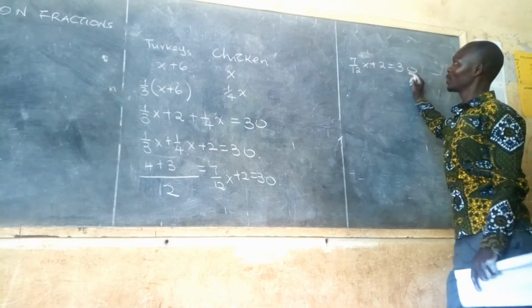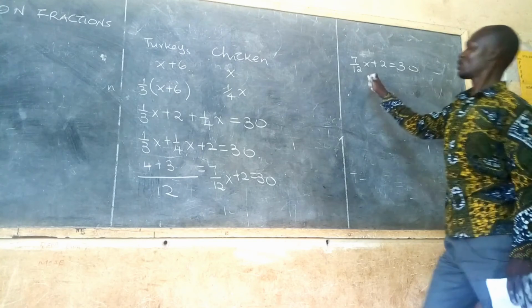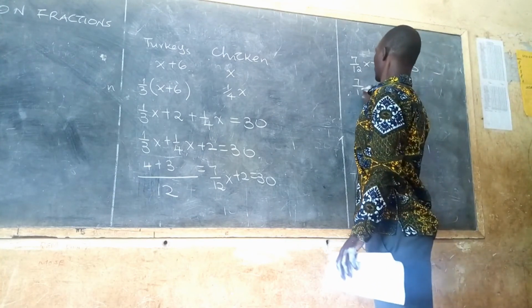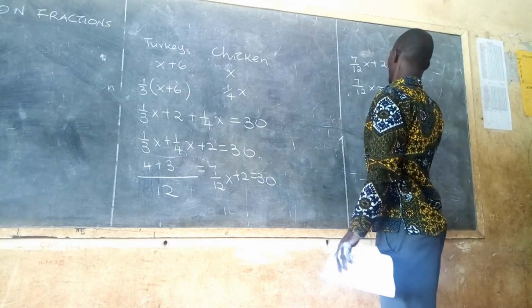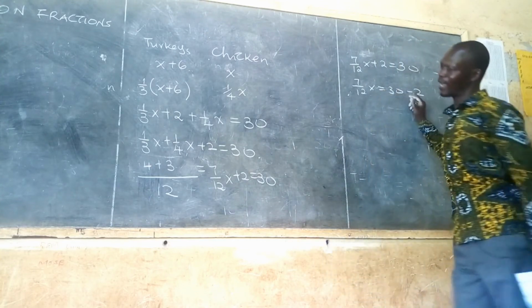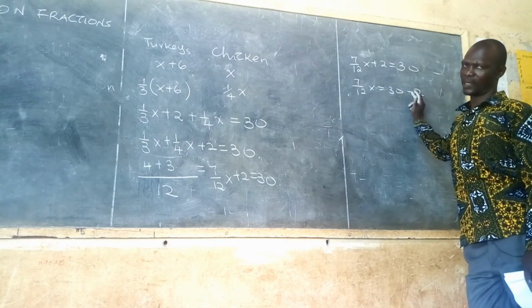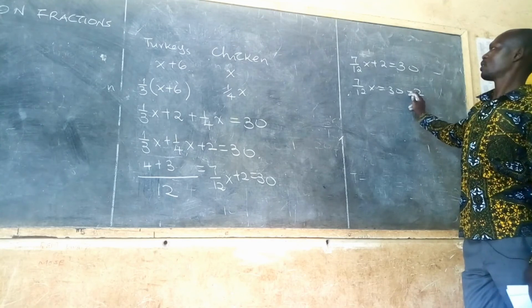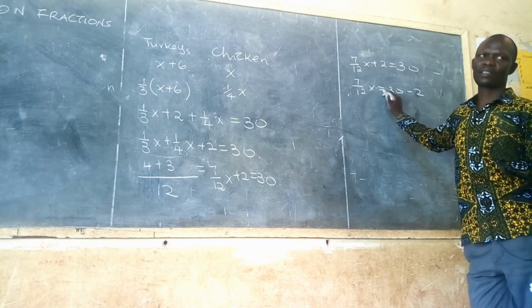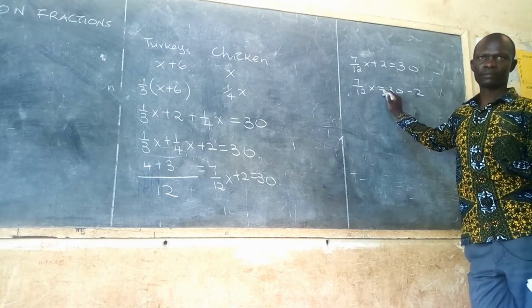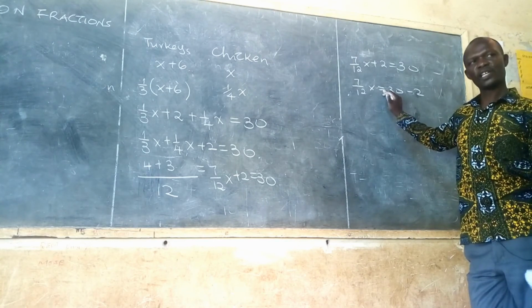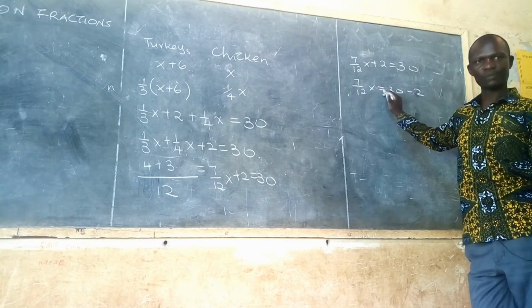Many students tell me that it will be 7 over 12x equals to 30 minus 2. Then when I ask them, why are you taking away? Then they tell me when 2 crosses the equal sign. There is nothing like that. What we do is what we call the balancing of the equation.